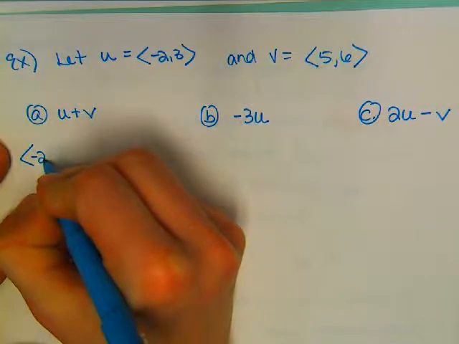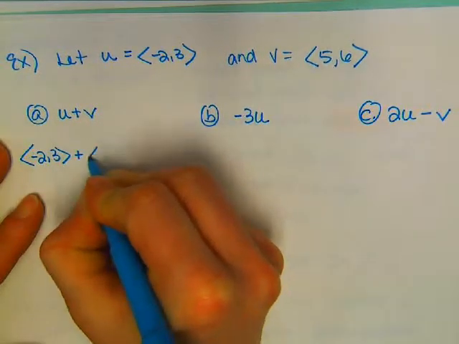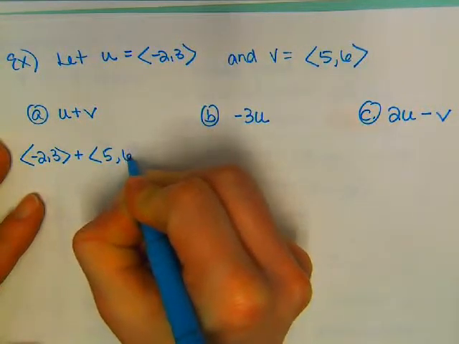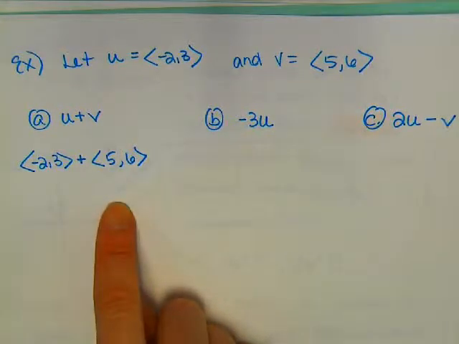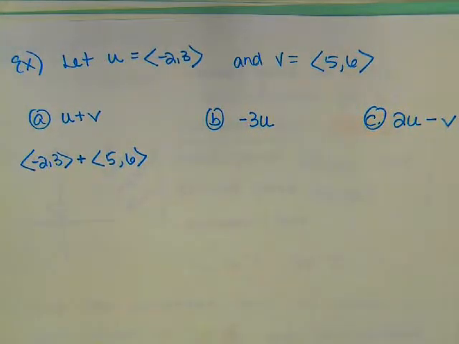All right, so first of all, u plus v: what I'm asking you to do is take -2, 3 and add on 5, 6. That's what that means. And I want a new vector.